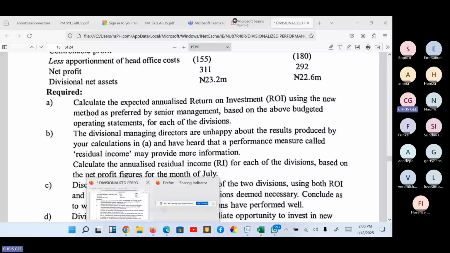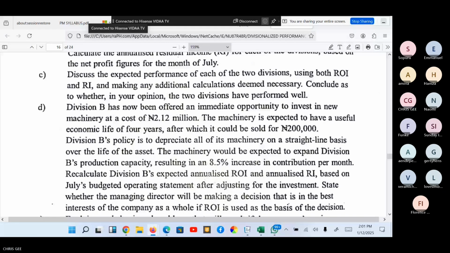Conclude as to whether, in your opinion, the two divisions are performing well. What do you think would be the expected performance? Anybody? What would be the expected performance from everything we're discussing?